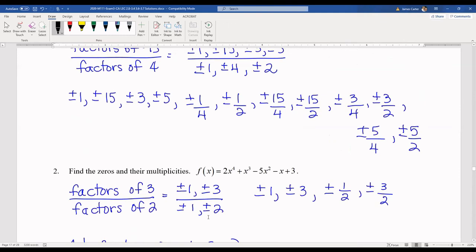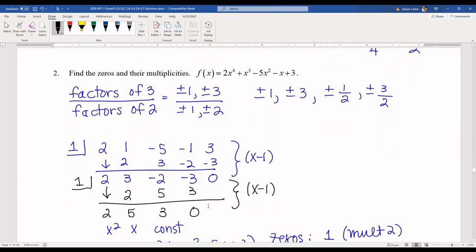Okay, here's another one. Actually, this time you have to find possibilities and then you have to try to use them to break down this equation, because it says find the zeros. Okay, so we're going to try the simplest one of these first. So we're going to try positive 1, and it comes out a 0 remainder.